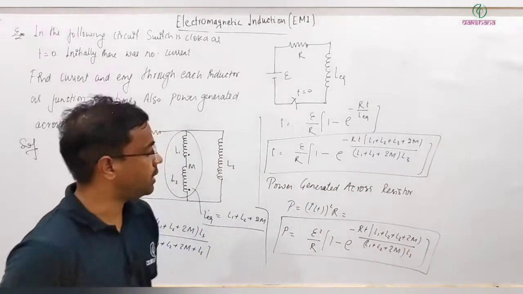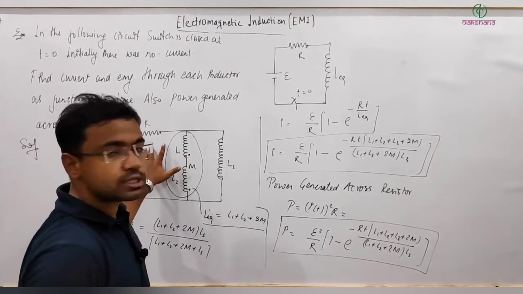This is the power generated across the resistor, right?